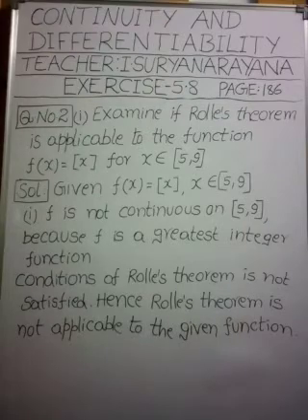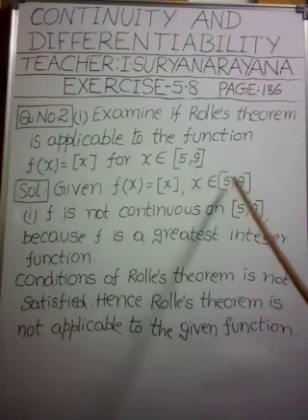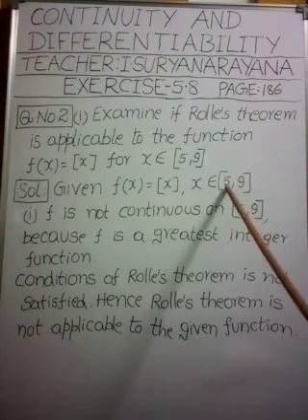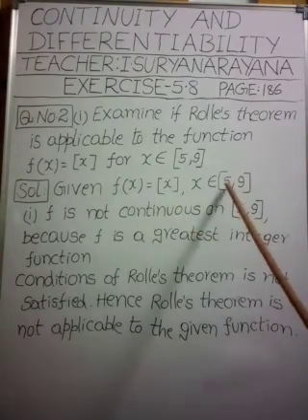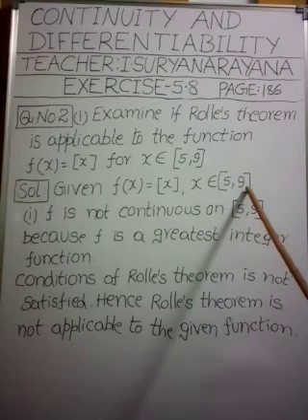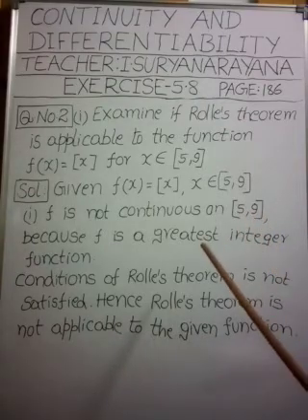It is continuous only in the interval (n, n plus 1) where n belongs to Z. But here they are not consecutive numbers, successive numbers. 5, 6: if it is 5, 6, then it is continuous. But 5, 9 is given, the closed interval [5, 9]. They are not consecutive numbers.